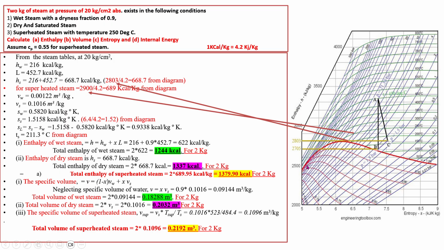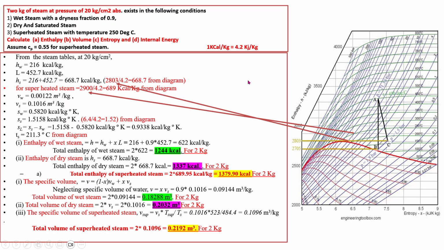And here in the Mollier graph, you see the units are mentioned as kilojoule per kg. Then we have to convert it to MKS units, that is 4.2 kilojoule per kg is equal to 1 kilocalorie per kg.